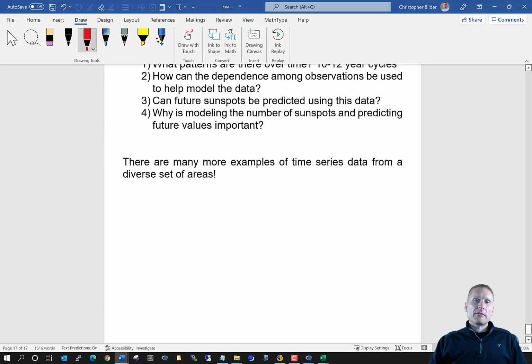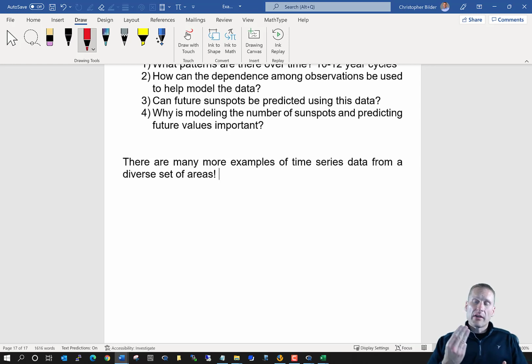Okay, so that's three in-depth examples in terms of the kind of data that we're going to be working with this semester. We'll come back to these data sets as we go along. Important things that come out of this are understanding how to get the data into R, how to properly plot it, and there are multiple ways to do this kind of plot, and you do need to understand the various arguments and these different ways.